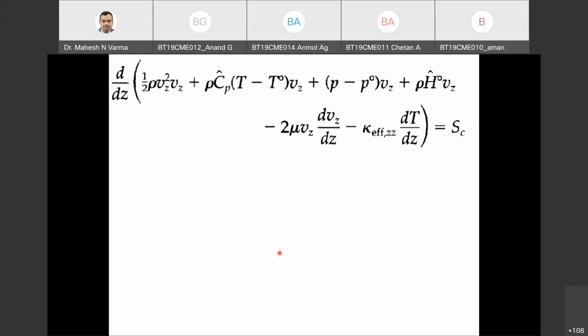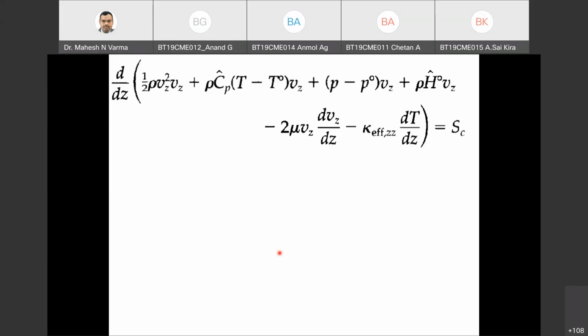Sir, plug flow. What are the properties of plug flow? Sir, plug flow conditions mean velocity is constant throughout the radius. Throughout the radius. How will that be useful here?